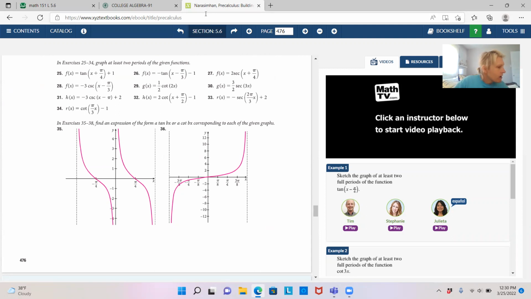And if we go back and look at the cotangent on page 472, you can see that it crosses at pi over 6 when it's been shifted. So the regular cotangent is at the top of page 472.